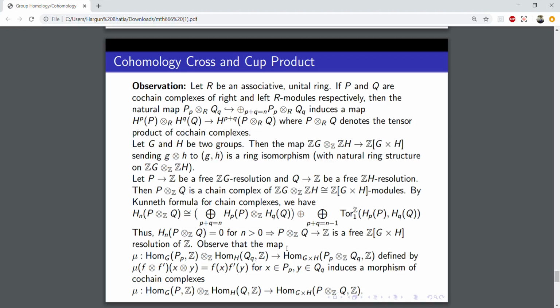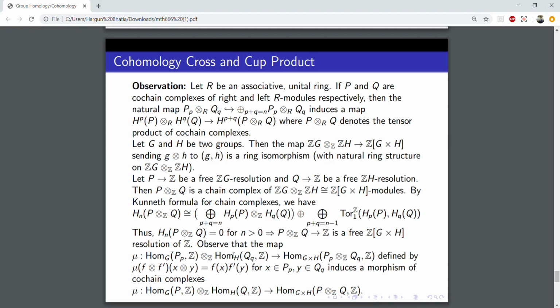Okay, so this is something. Now let's do something else independently. I have this map mu. I can define this map mu, since this is an abelian group, as follows. Take Hom_G(P_p, Z) tensored with Hom_H(Q_q, Z) to Hom_{G×H}(P_p tensor Q_q, Z). How do you define it?